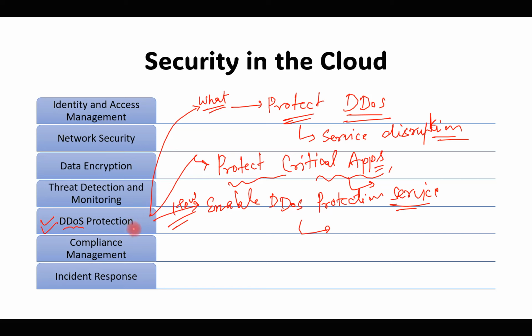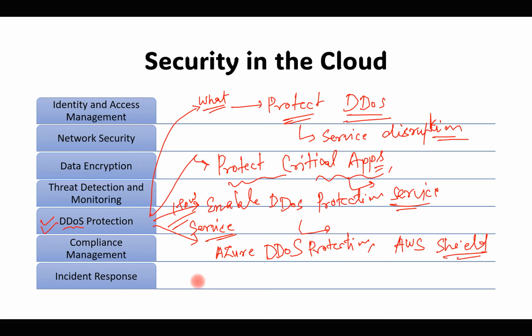Now it's time to talk about the services from different cloud providers. In Azure, we have Azure DDoS Protection with the same name. In AWS, we have a different name, AWS Shield.